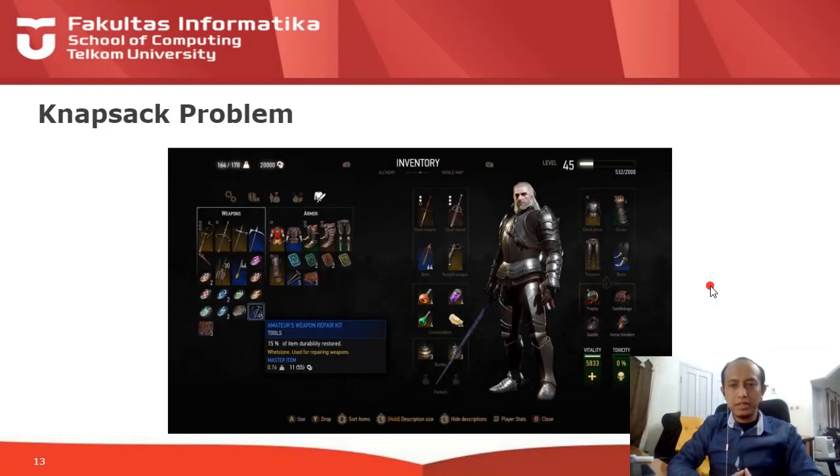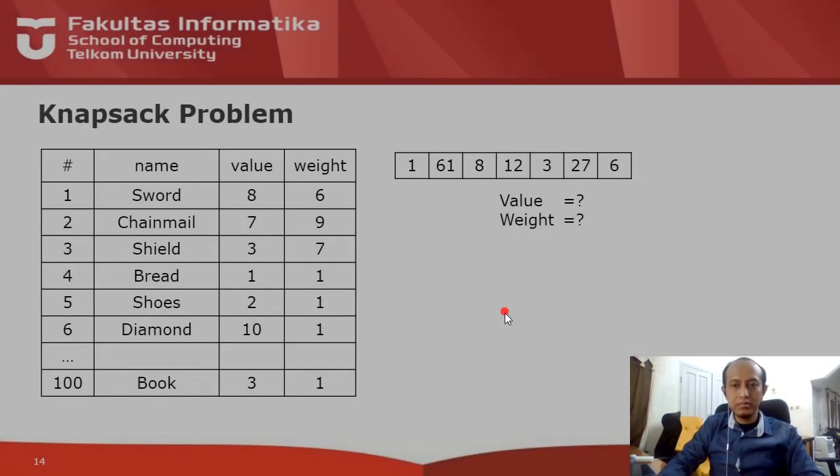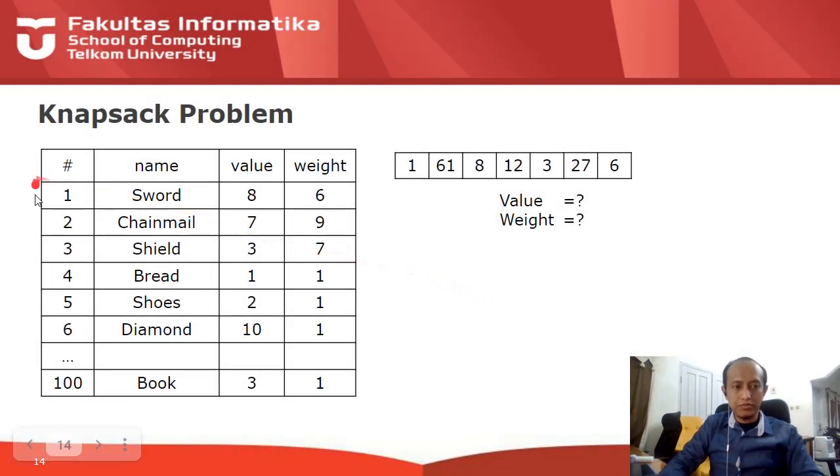Another problem is the knapsack problem. Here, we need to fit many items into a limited container. We want to fit the best items, optimizing the value of the items given limited available space. So we have items from 1 to 100 here.